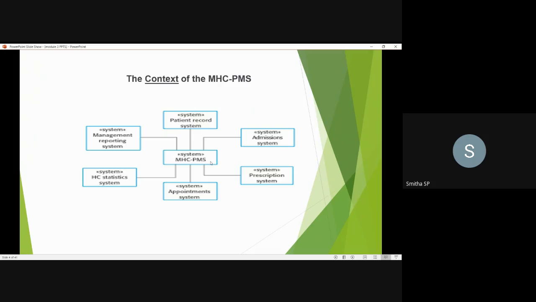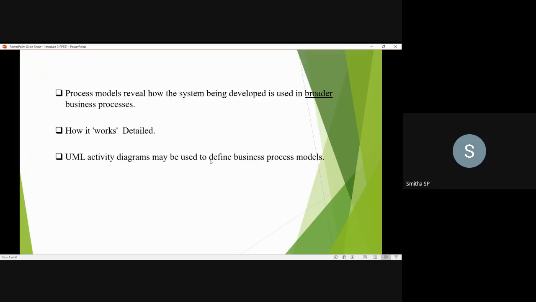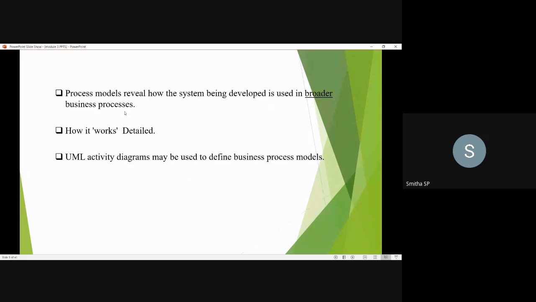Next, simple context models are used along with other models, such as business process models. Now let us see what a business process model is. Process models reveal how the system being developed will be used in business processes, and a detailed description of how it works will be shown.